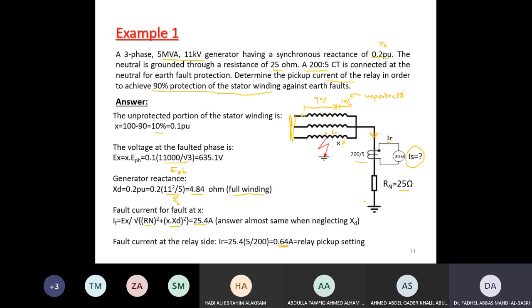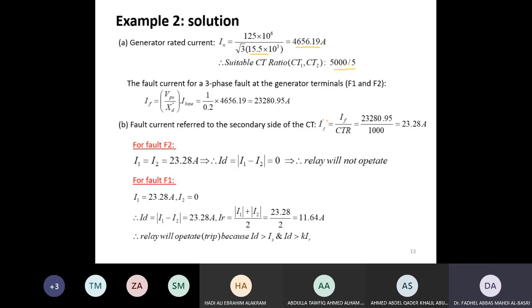I can also find it by using the per unit voltage divided by the reactance of the stator, which gives me the fault current in per unit, and times I base gives me the current in ampere.